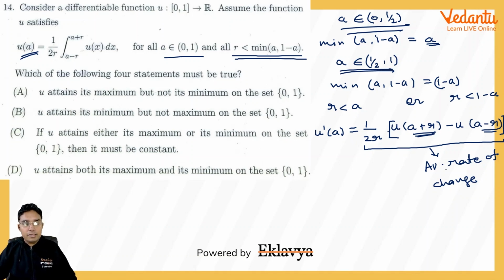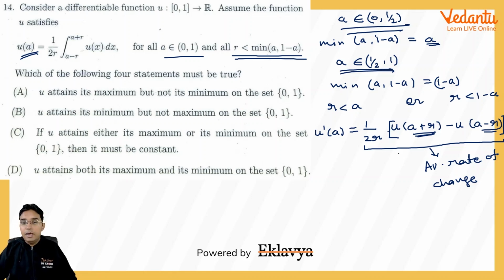That means what we are saying is that at a certain value of a, the derivative is actually equal to the average rate of change from a minus r to a plus r, and that too for all possible values of r, which will be either less than a or less than 1 minus a. So we are free to take multiple values of r.